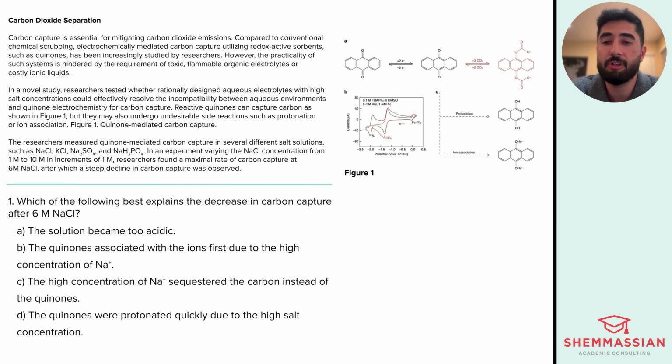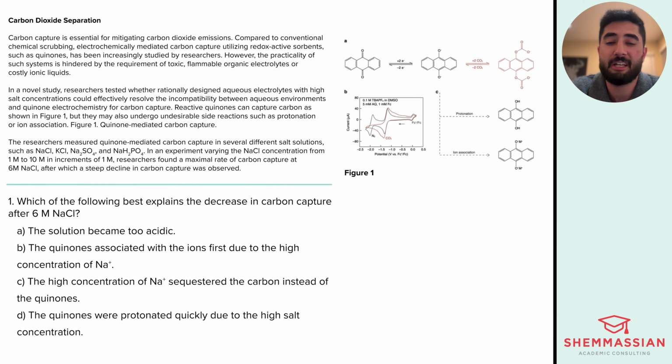And again, what do we know? We're increasing this salt solution, of these several different salt solutions, which is NaCl. We have these different levels of salt solutions, and eventually we have a maximum capture rate. After that, there's this decline in carbon capture. And so likely the answer is going to have to be between B, C, and D, because those all have to do with this high salt concentration.